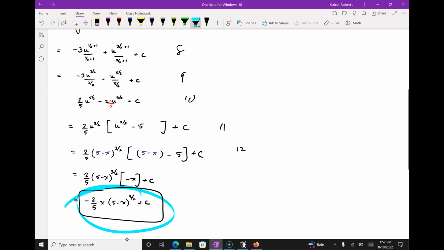I need to take the derivative. And what rule am I going to use when I take this derivative? Product rule, right?